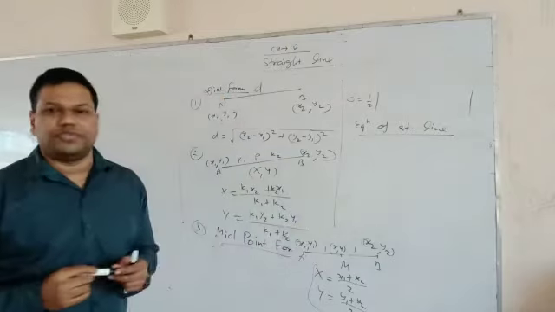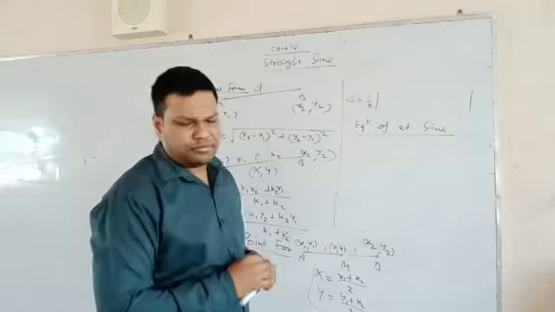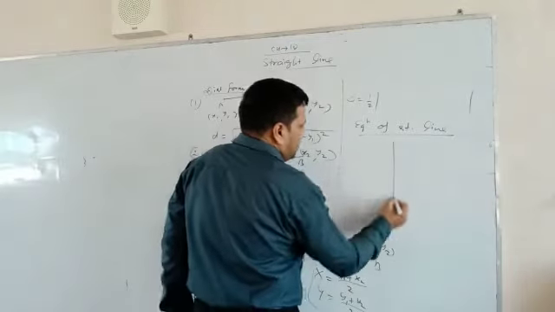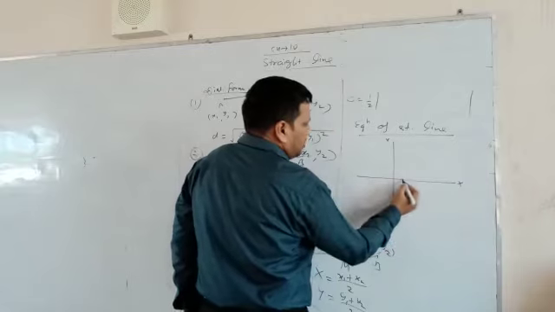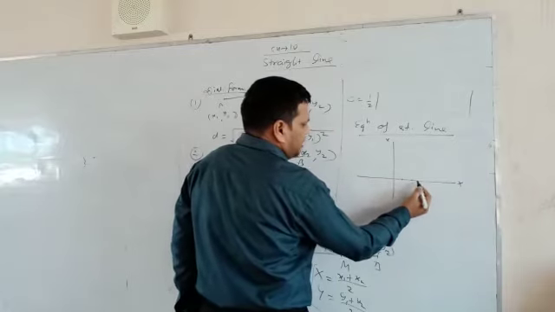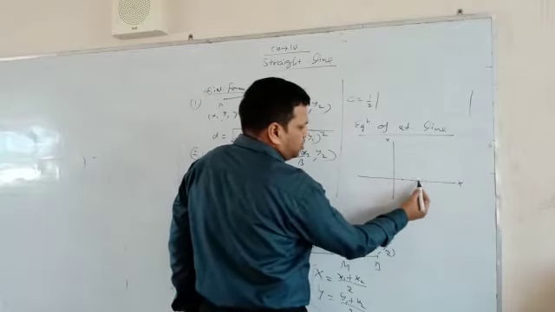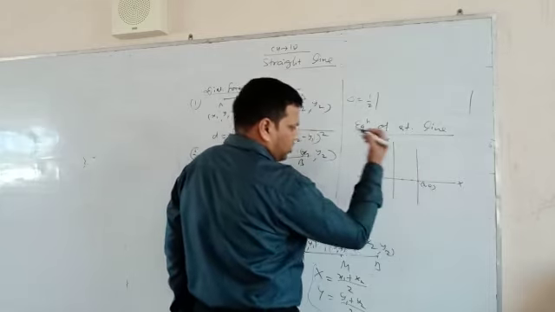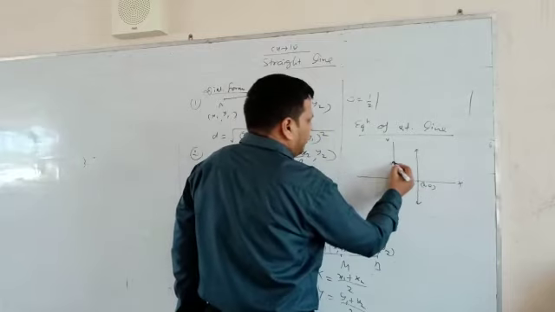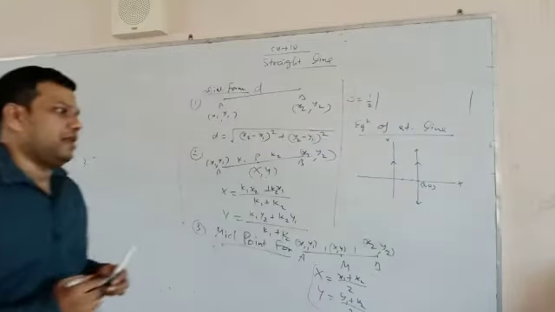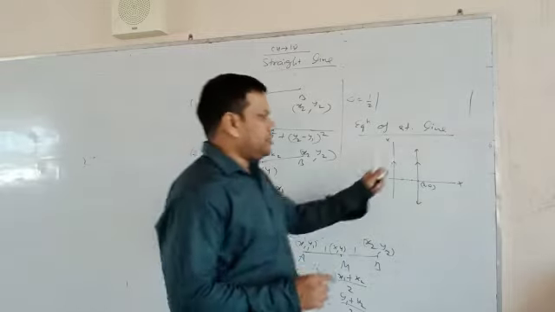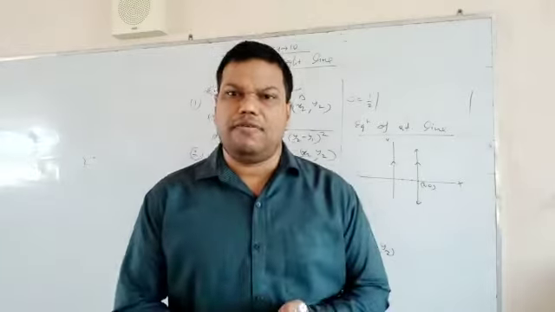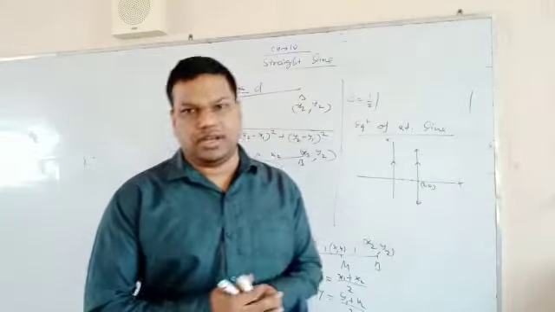What is the equation of a straight line? First of all, we take a simple case: we have been given a point 3, 0 that the line goes through, and it is parallel to the y-axis. Then what will be the equation? Here the question arises: what is the meaning of the equation of a straight line?